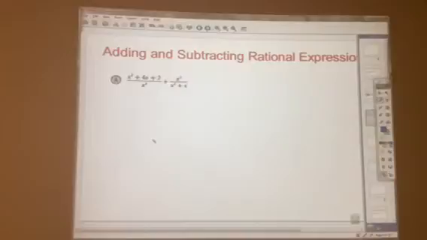We want to get a common denominator. I have a fraction plus a fraction, so I'm still going to have a fraction plus a fraction. First I need to find the common denominator before I start adding. On this denominator, I'm going to have to take out an x, which will leave me x plus 1.